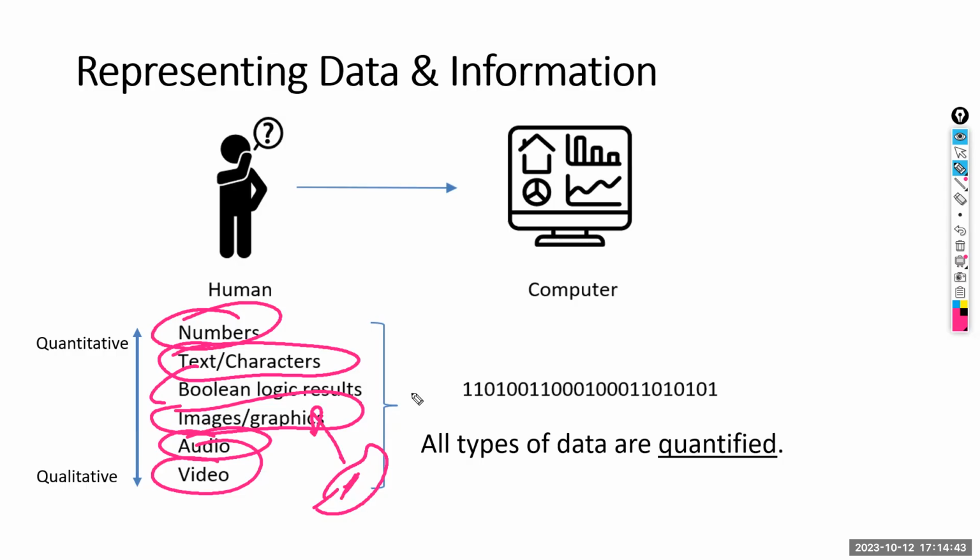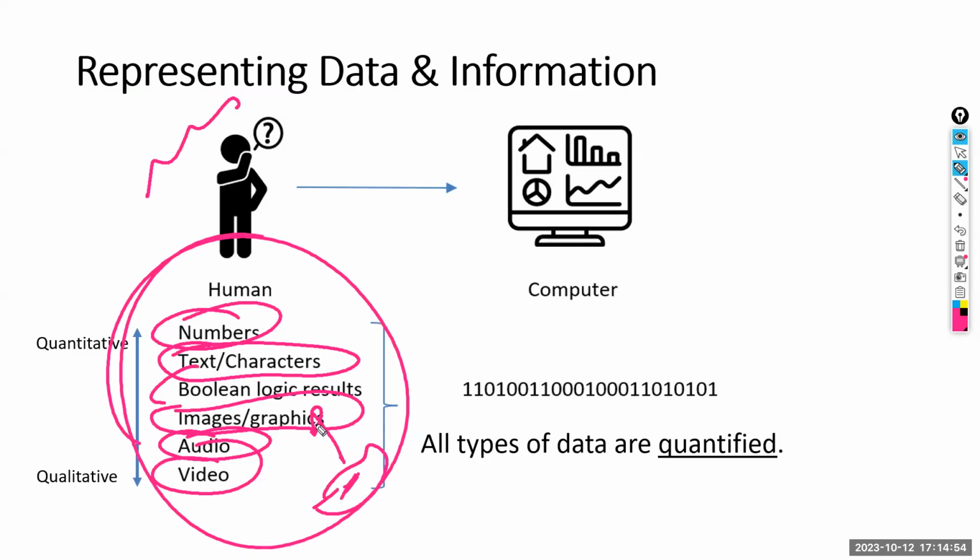How do we remember these things? Actually, it's a big puzzle for us. We have very little understanding about how we remember it, how we recognize it, how we process it as humans.